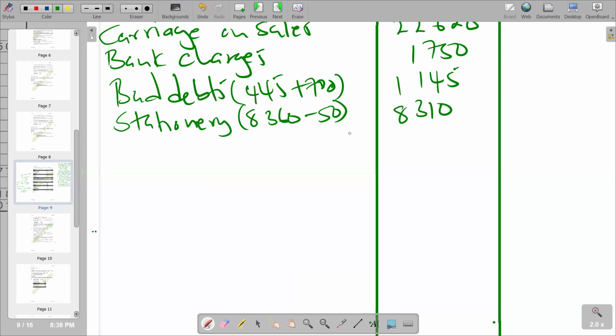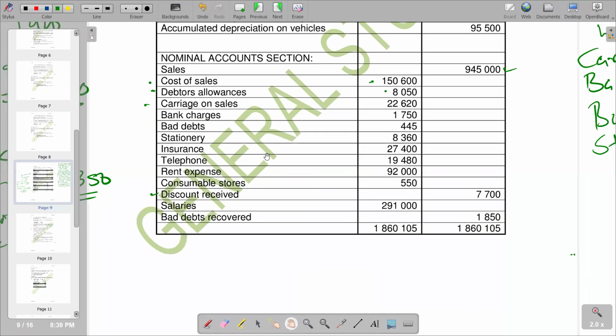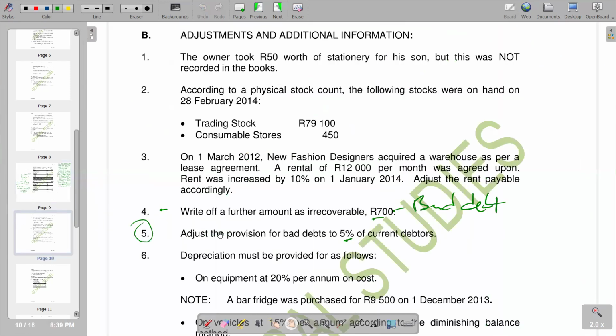Right. After stationery, we check what we have. We've got insurance, which is 27,400. For insurance, we go and check the additional information for anything affecting our insurance.